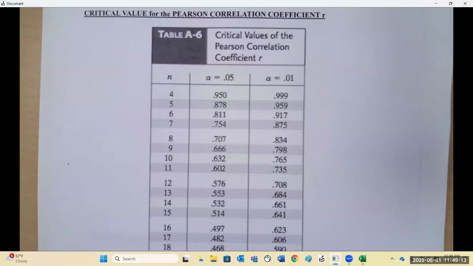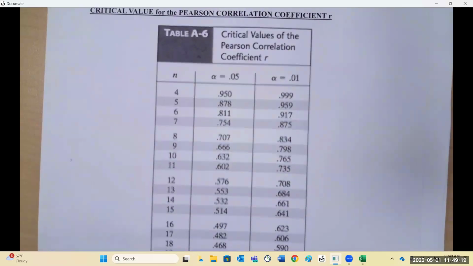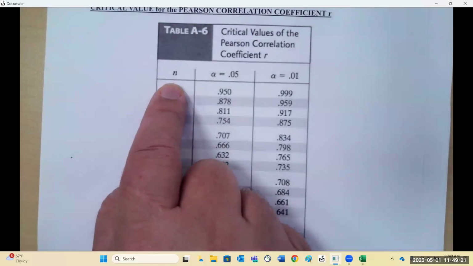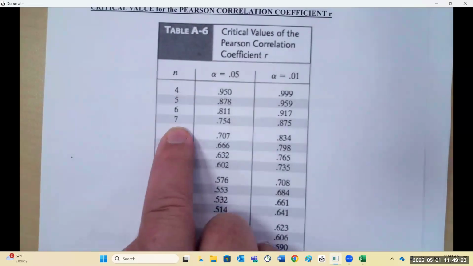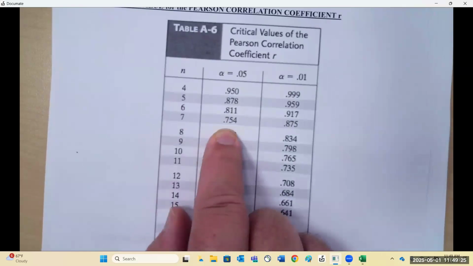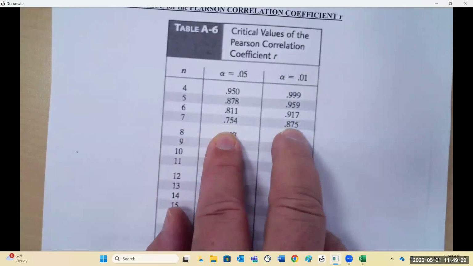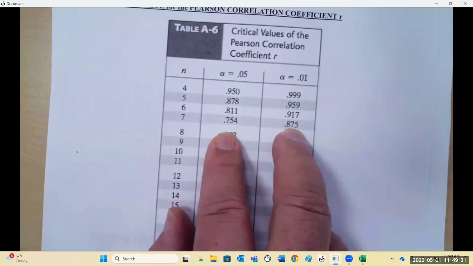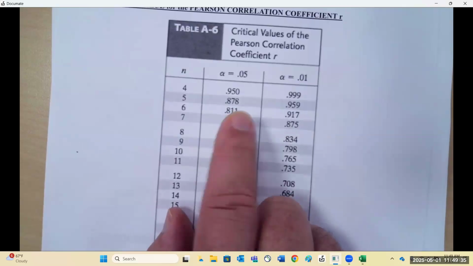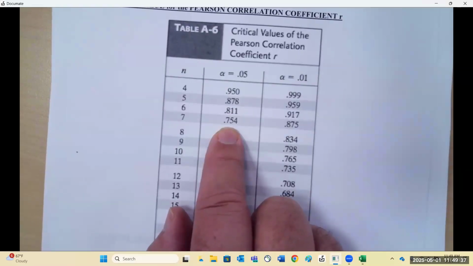So the way you use this table, what's our n? 7. And typically we use a 0.05. You would use a 0.01 if you want to make sure it's 99% positive. So here's our critical value.